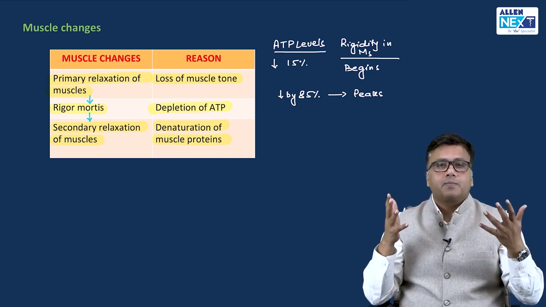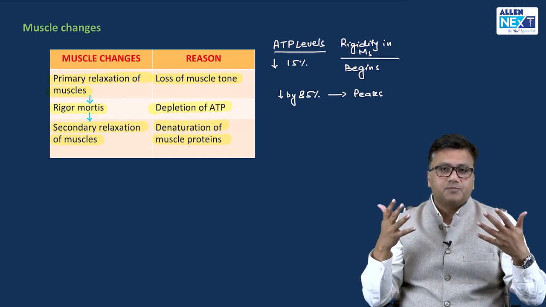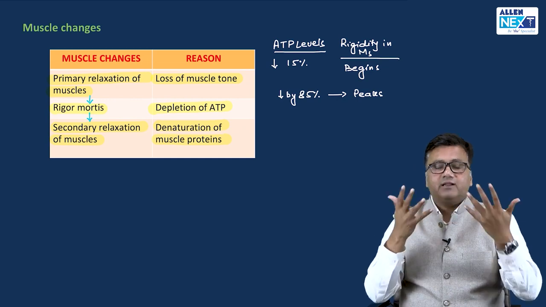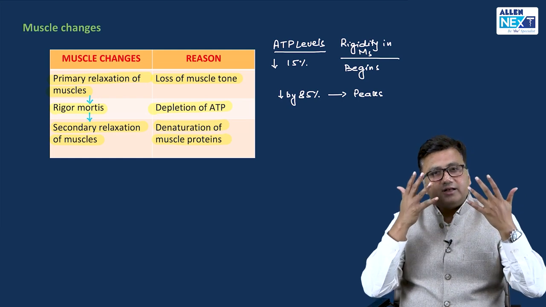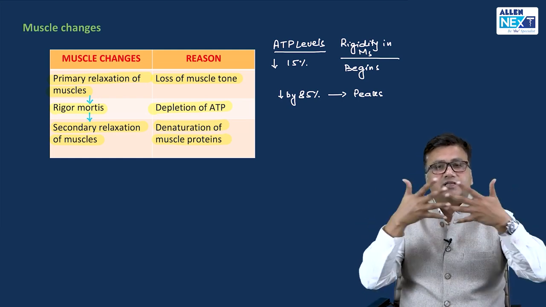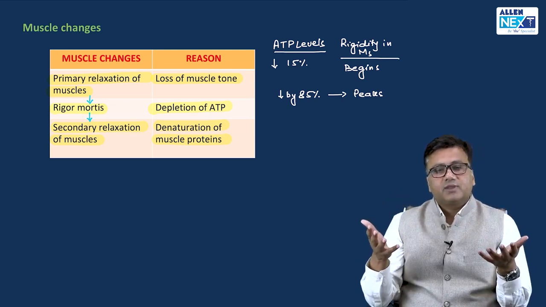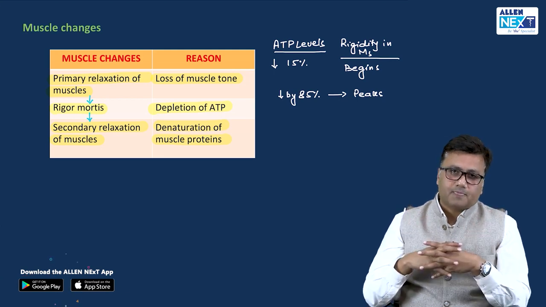A time will come when these muscle proteins will not be able to maintain their own structure and they will disintegrate. This denaturation of muscle protein breaks the cross links between actin and myosin. The muscle is again relaxed. It is called secondary relaxation of muscles.